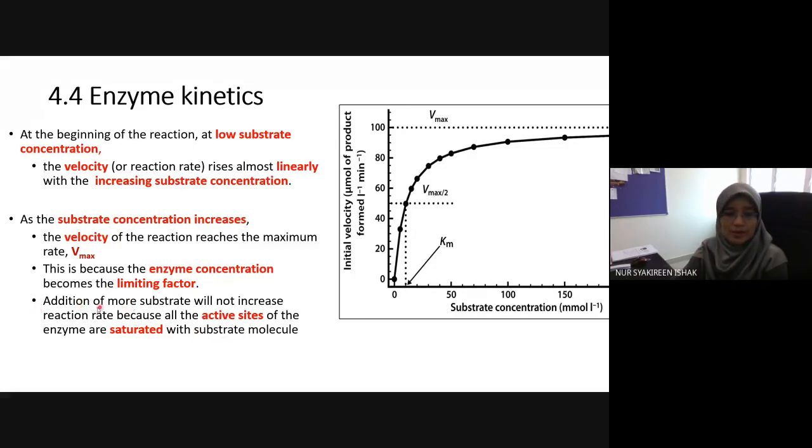Adding more substrate will not increase the rate of reaction because all active sites of the enzyme are saturated with substrate molecules. The more substrate you add, when you have a limited amount of enzyme, it is no use, because all the active sites are already bound to substrate. They do not have time to catalyze the reaction and produce product, but you keep adding substrate. So eventually the rate of reaction reaches the maximum rate of reaction.